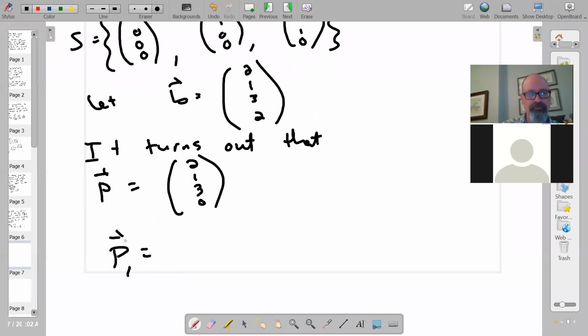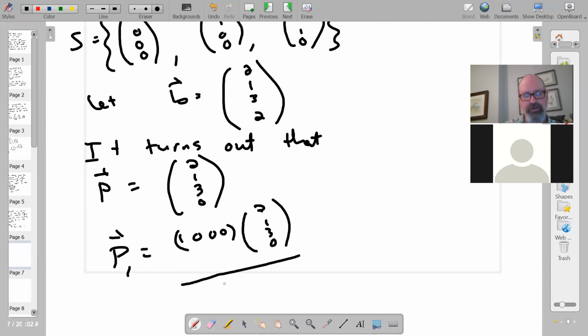P sub 1, if you're projecting onto the subspace spanned by 1, 0, 0, 0, all you really have to do is take the dot product of 1, 0, 0, 0 with the vector and divide it by the magnitude of this vector right here. So the numerator, the way we've defined it, we take 1, 0, 0, 0 dotted with 2, 1, 3, 0, and we divide by 1, 0, 0, 0 dotted with 1, 0, 0, 0, and we multiply that by the vector 1, 0, 0, 0.